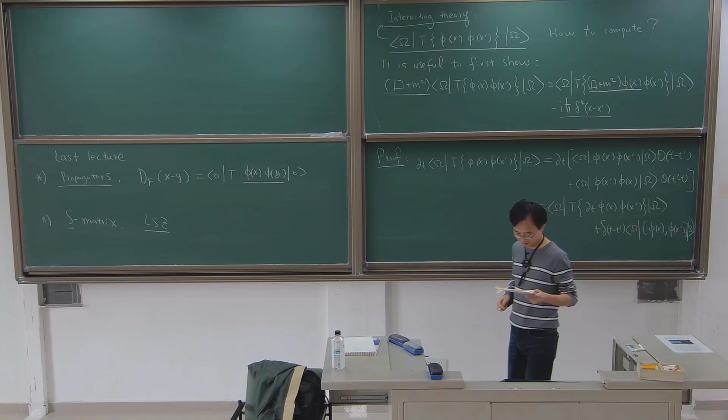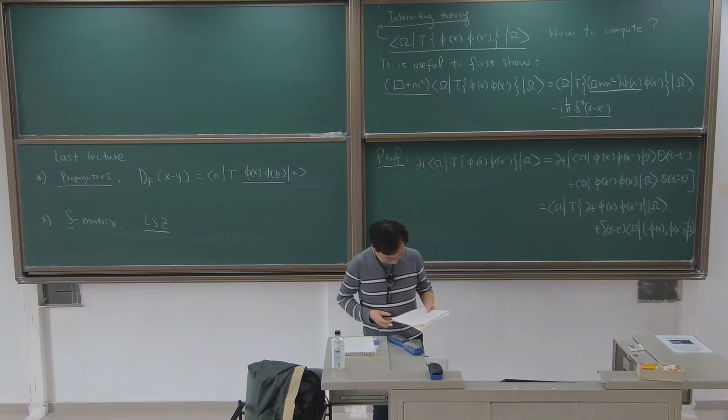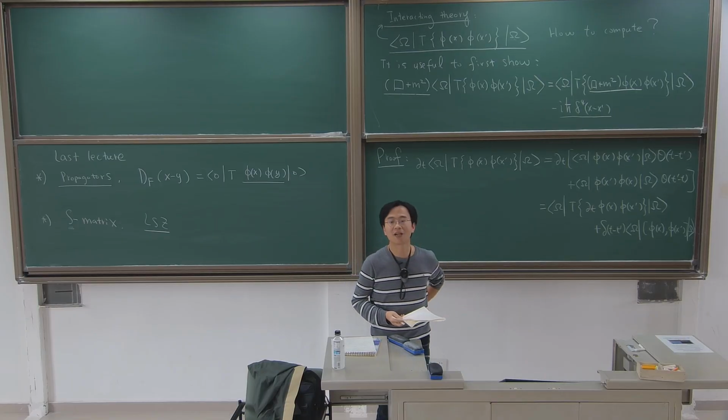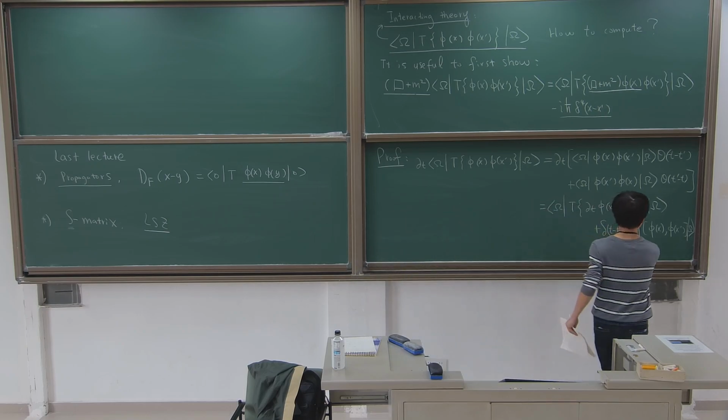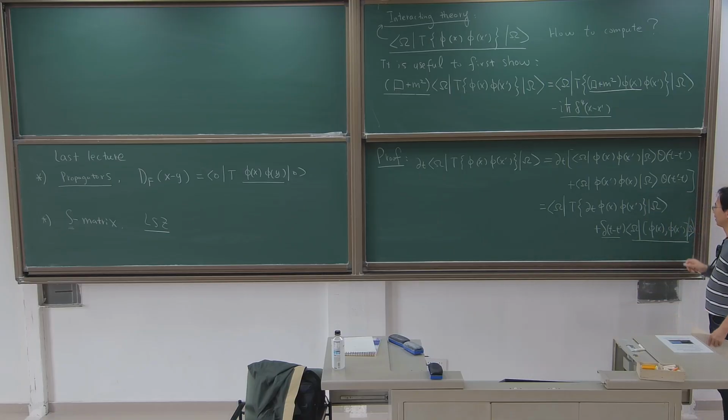Now we have a delta function times this part. This delta function as a factor means that this is only non-trivial for t equals t prime. If t equals t prime, this commutator is the equal time commutator, which is zero by causality. So this term is gone.